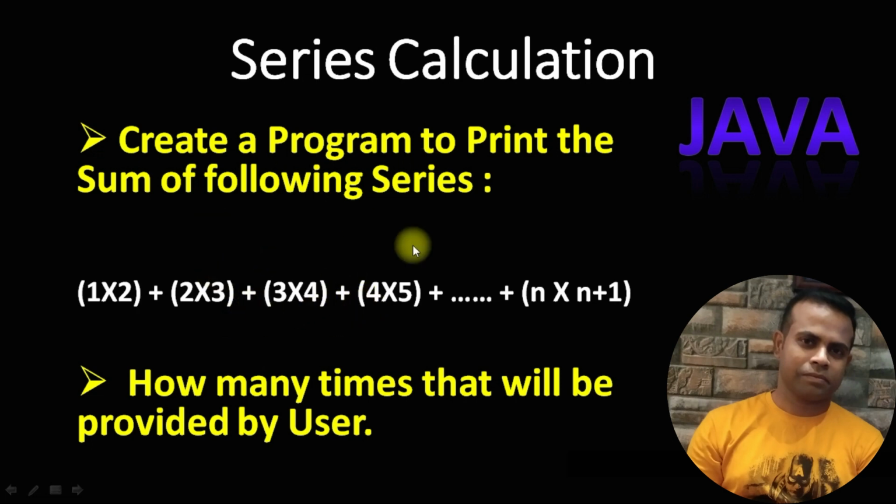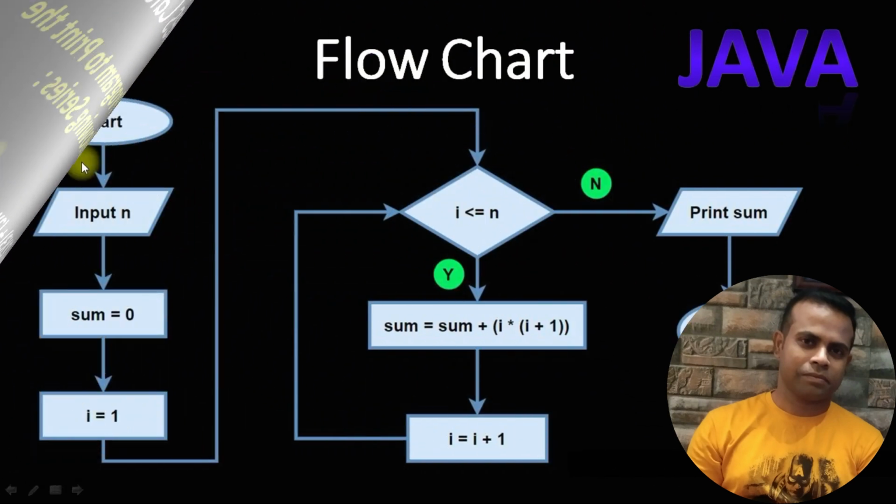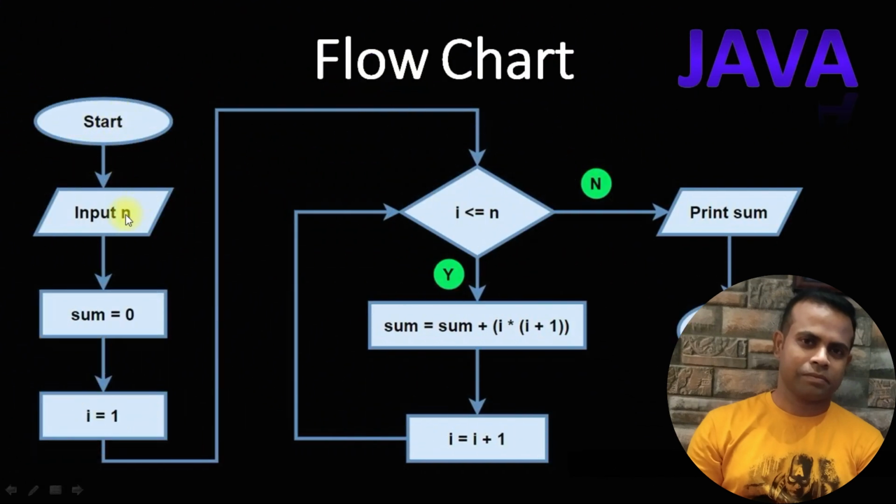If we check this in a flow, it will look like this. Our program starts here, then we collect how many numbers, or how many terms, we have to sum in the series. Then we set a variable sum with initial value 0.